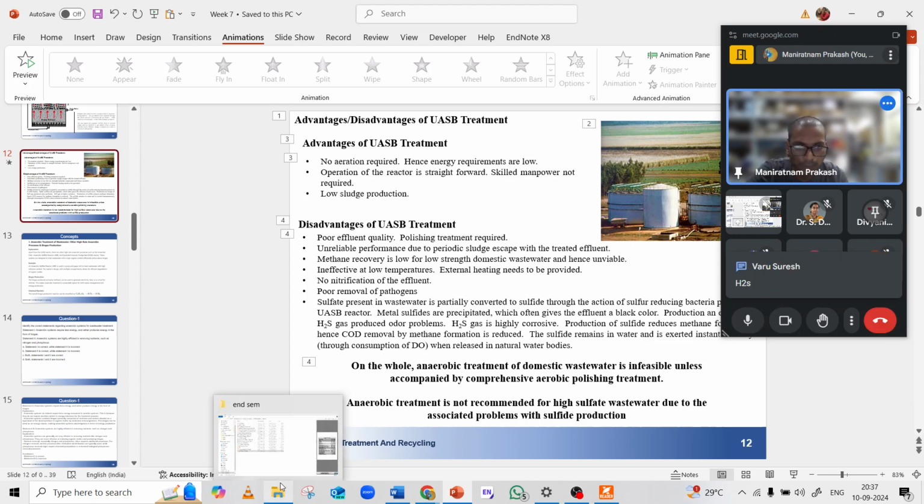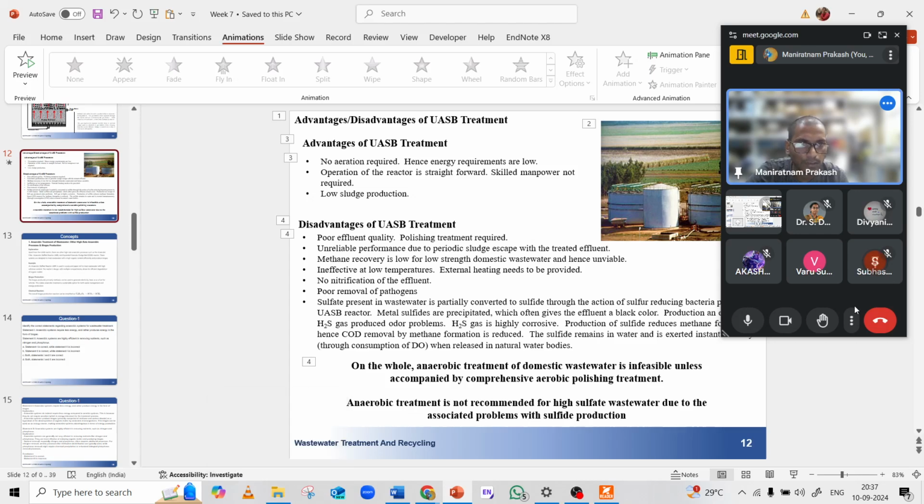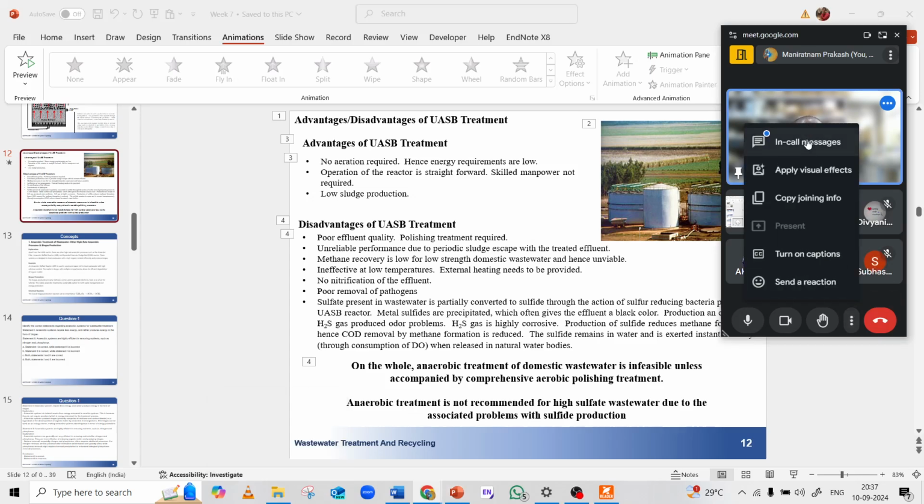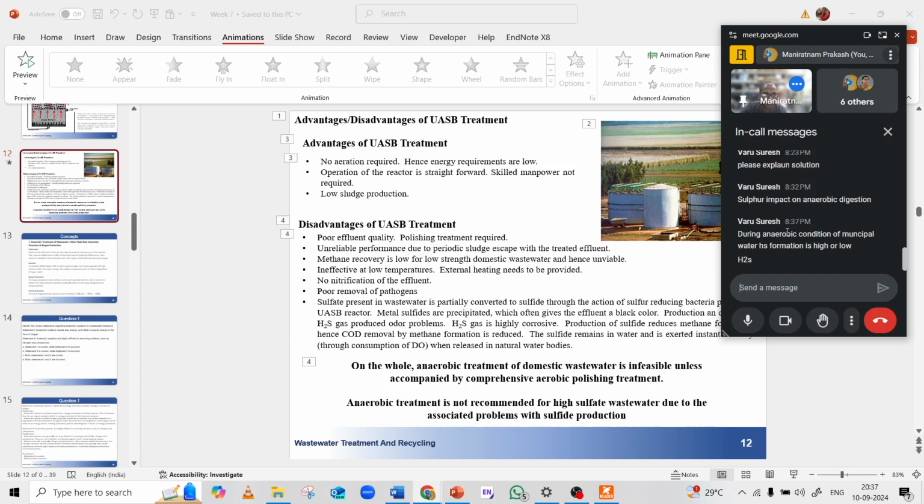H2S, yes. During anaerobic conditions of municipal water, is H2S formation high or low? If sulfate is there, it depends.